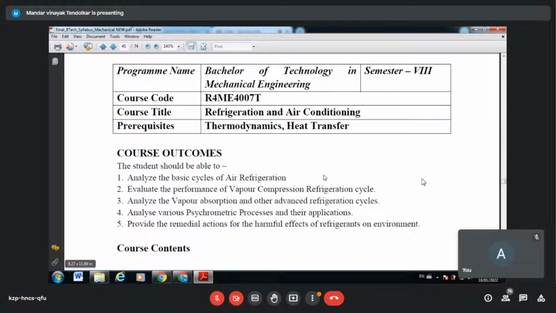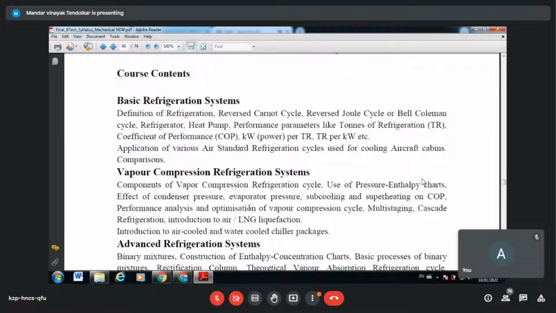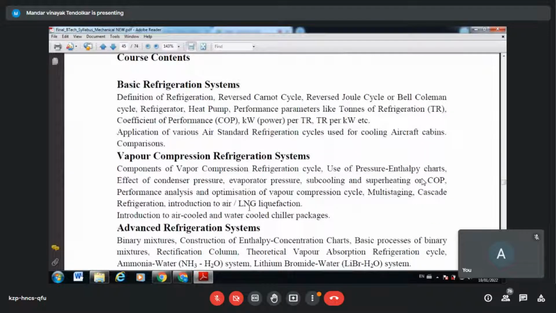Okay, so this is more towards the course outcome. Now the content. If you observe the first unit, basic refrigeration system, as I discussed, we will be discussing a little bit about the Bell-Coleman cycle or the reverse Brayton cycle, reverse Joule cycle. All names are different but the cycle is the same. A little bit about the basic theory of COP.